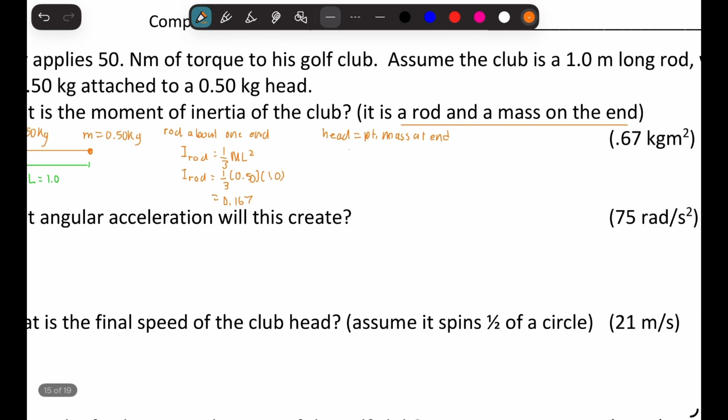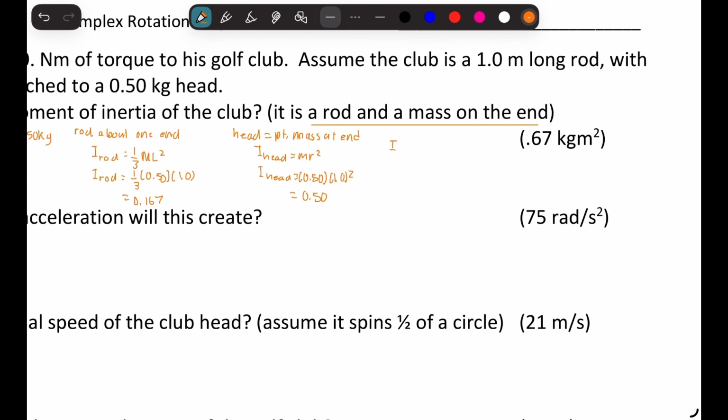So I of the head is going to equal m r squared for all point masses. That is going to be equal to 0.50 times 1.0 squared, which equals 0.50. And now for the total, that's going to equal 0.167 plus 0.50. That's going to equal 0.67 kilograms times meter squared.